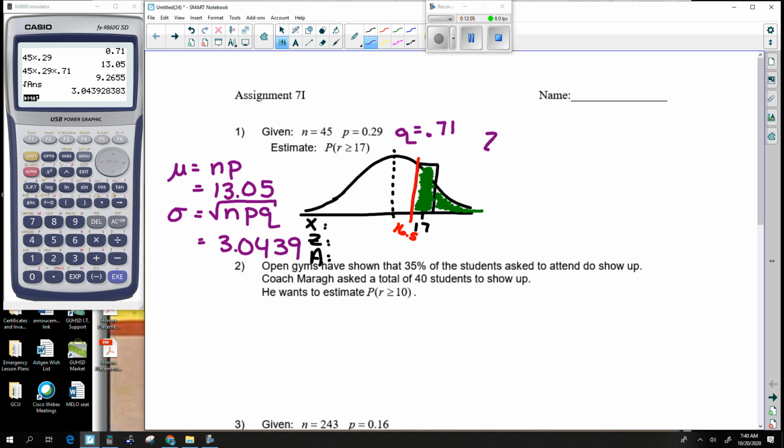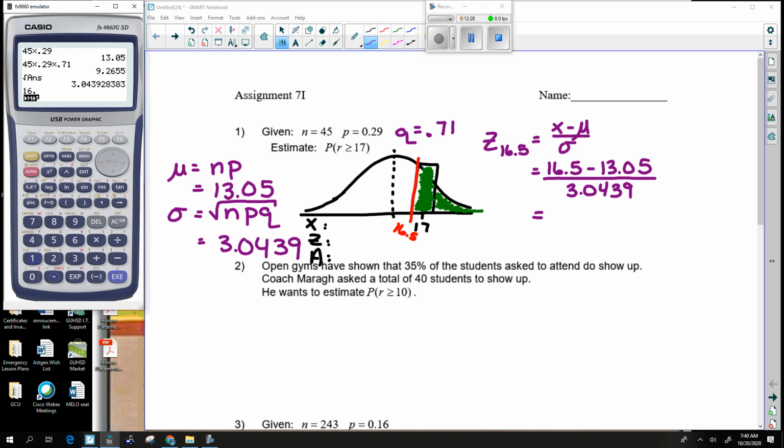So I need to turn that into a z-score, again, of 16.5. This is a z-score, so you round that to 2 decimal places.